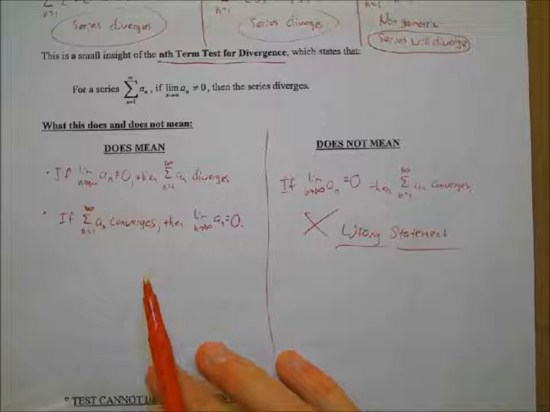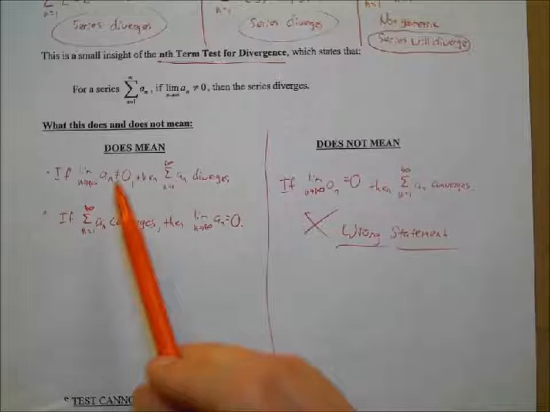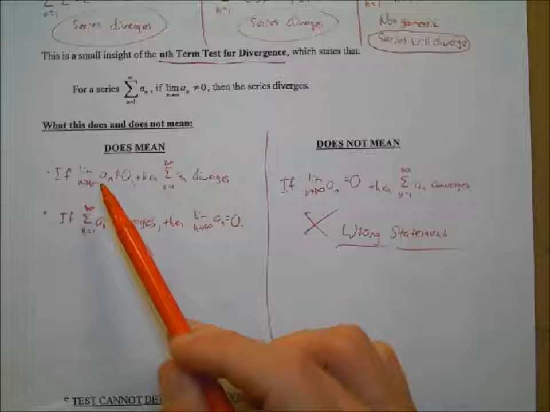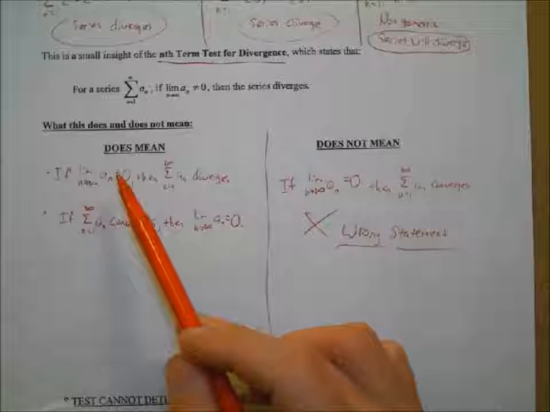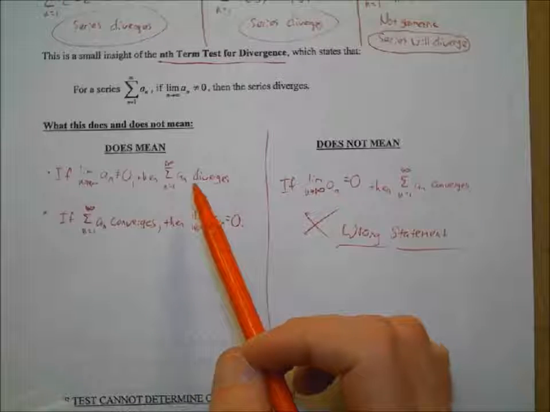Because again, our tendency, in math and other scenarios, is to take this statement right here and make it say more than it means. If the limit as n approaches infinity of a sub n does not equal 0, then the series, the sum of that sequence, will diverge. Aha, great, perfect.